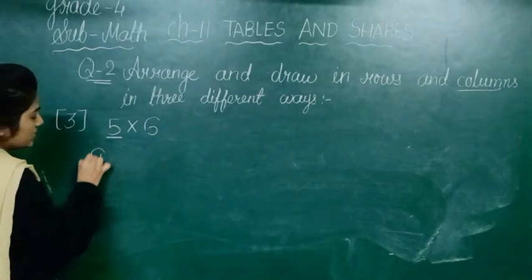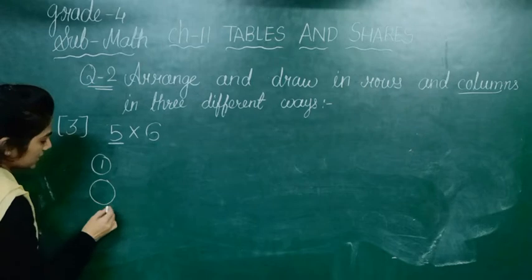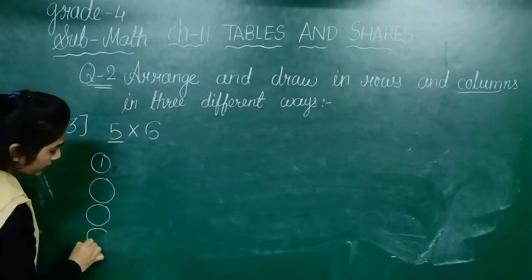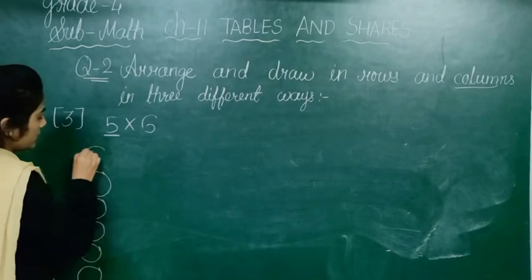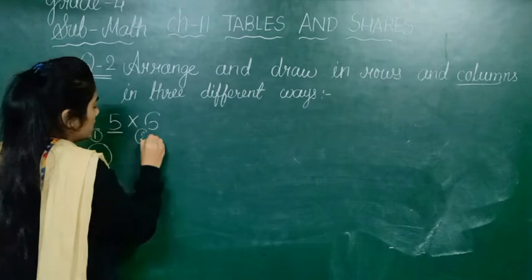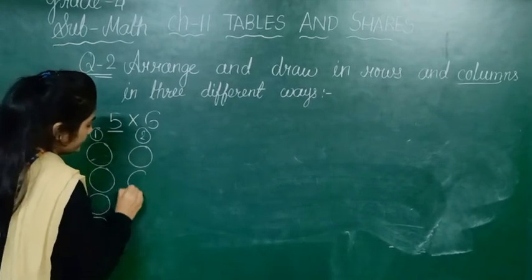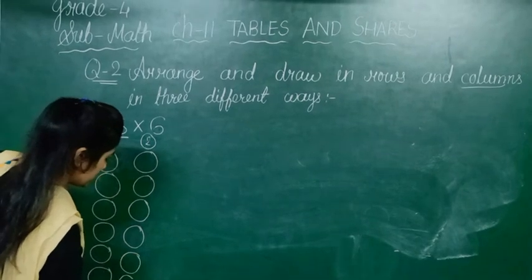Suppose this is the first column. In that I am drawing 6 circles: 1, 2, 3, 4, 5 and 6. Right? And in the second column, same, I am drawing 6 circles.